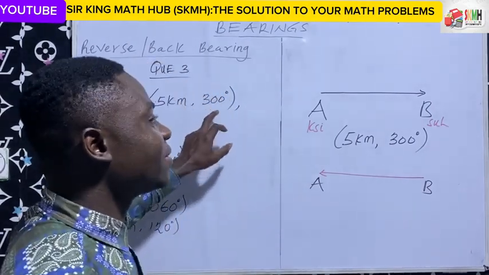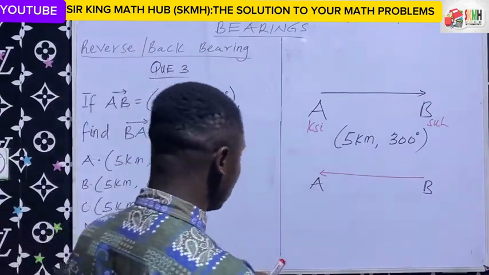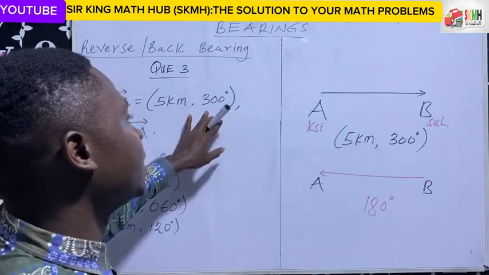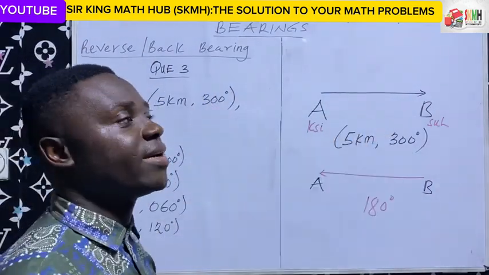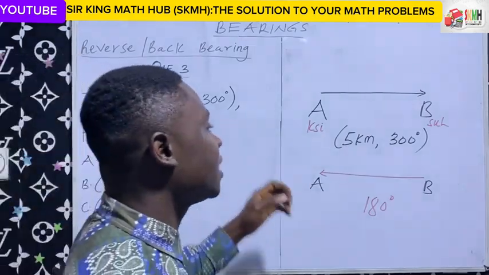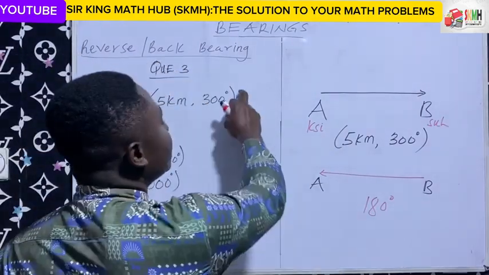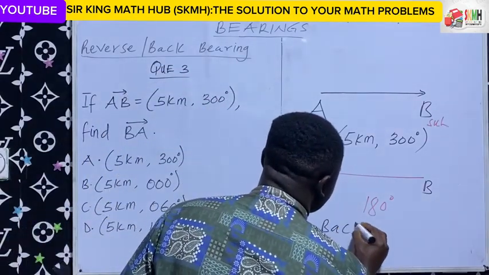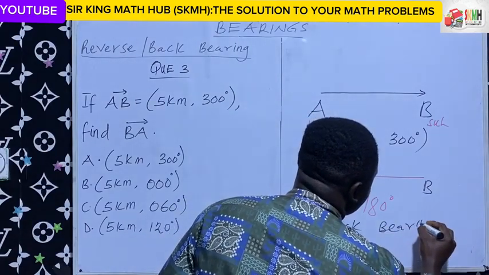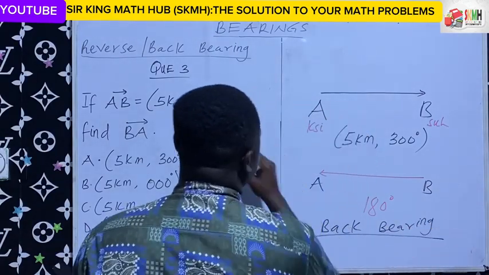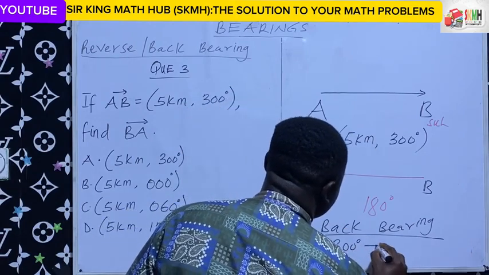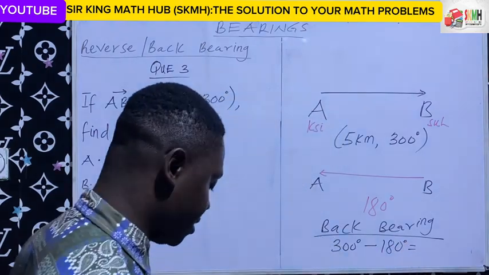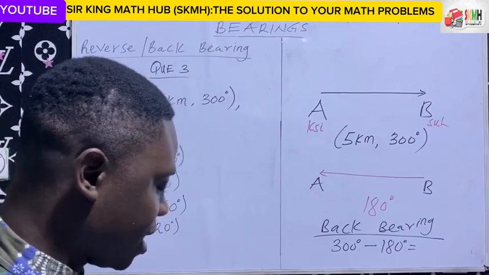Now the 300 degrees, is it more than 180 degrees or less than 180 degrees? So clearly 300 degrees is more than 180 degrees. So what did we say concerning the back bearing? Anytime the given bearing is more than 180 degrees, the back bearing is the given bearing, here 300 degrees, minus 180 degrees.